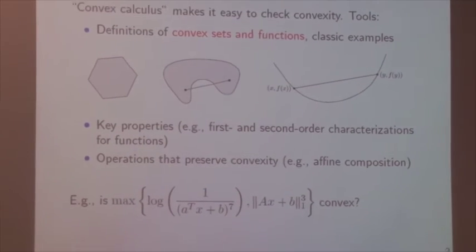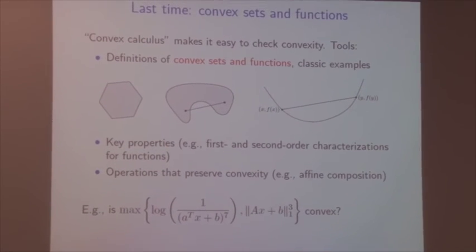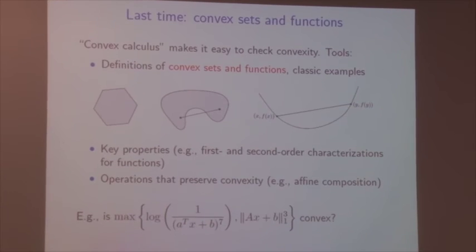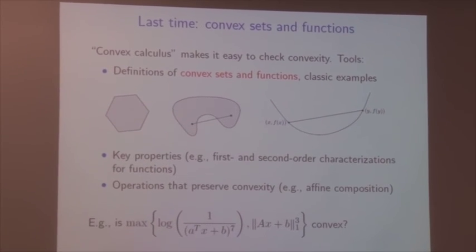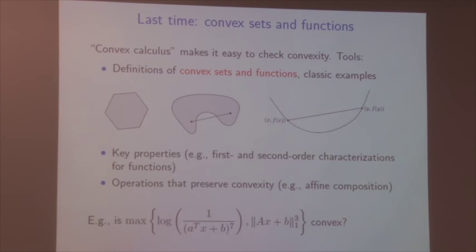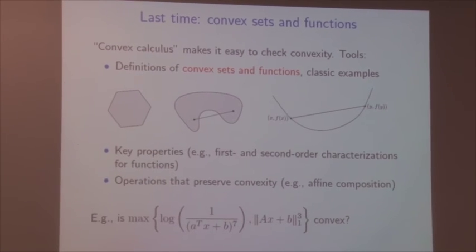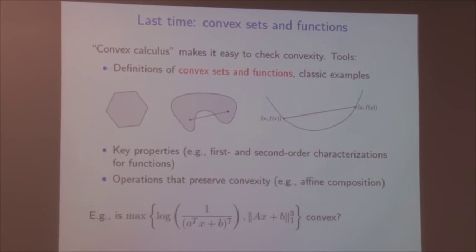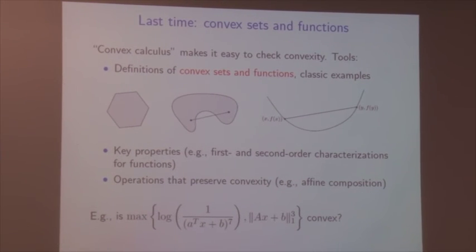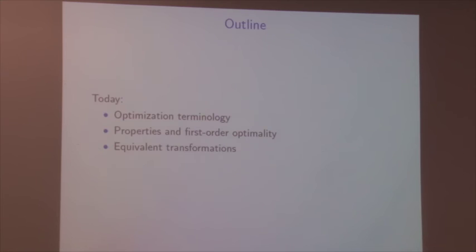I meant for the log. Oh, you meant for the log guy. Sorry, there's too many A's and B's in this one. Sure, I mean, it would need to be in the domain of log. It would need to be successfully evaluated by the log. Other questions? Okay, cool. So that's what we did last time.